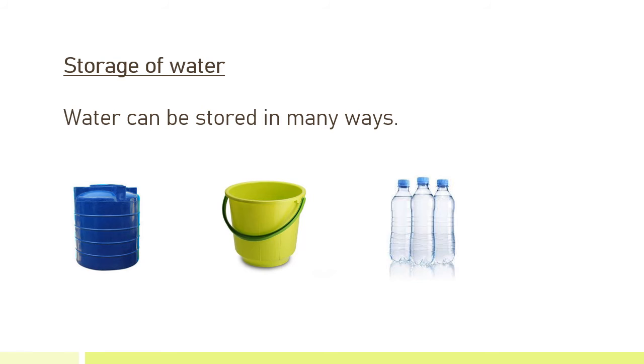So how can we get cold water? We need to store it in the fridge. How can you keep water in the fridge? You fill the bottles and keep the bottles in the fridge. So we store our water in bottles also.